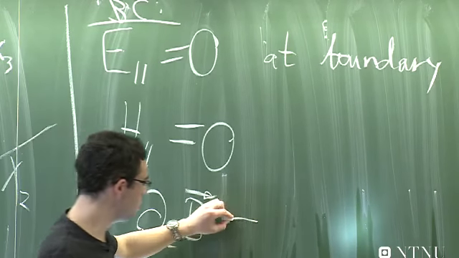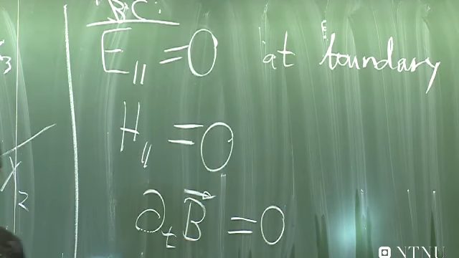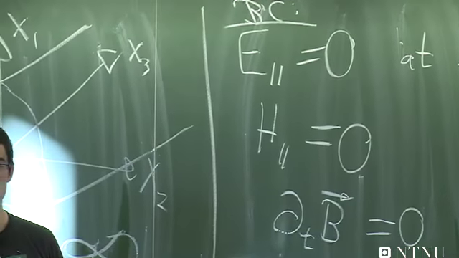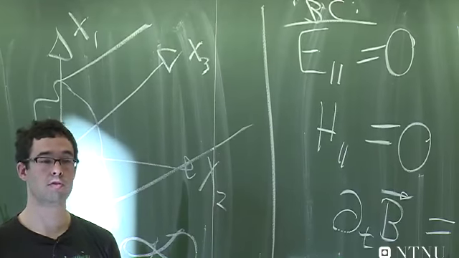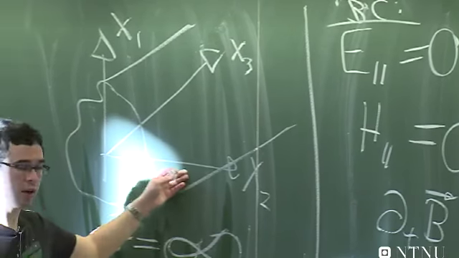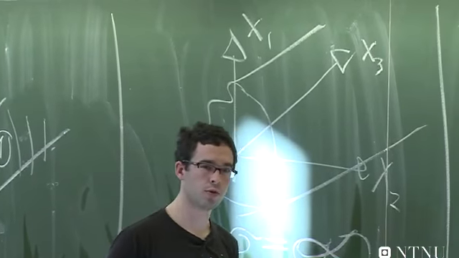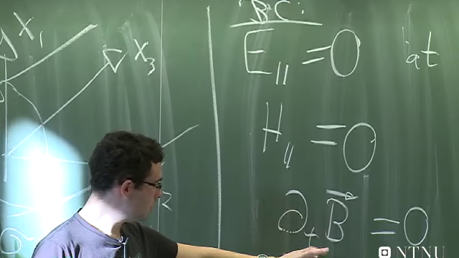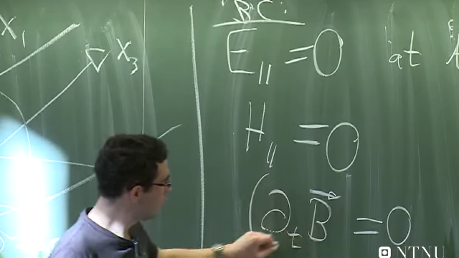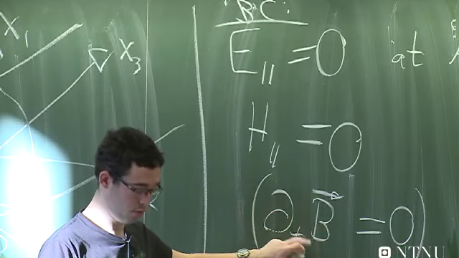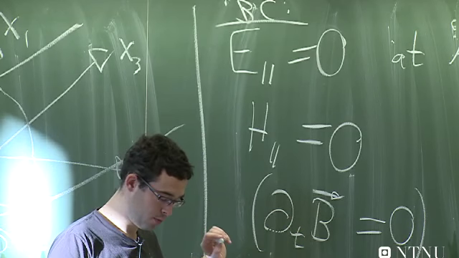But if E is 0, this has to be 0 as well, meaning that because there's no E field, there can be no B field if I started out with no B field or H field equivalently. I assume that the metal is not magnetic, so we don't run into any problems there. So this follows from the Faraday law that if I start out with no B field, the E field can't create one.